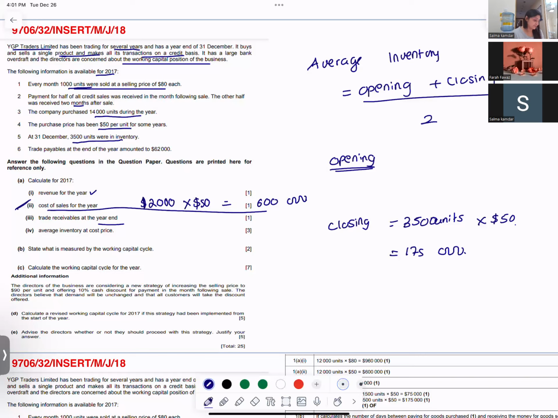Opening inventory would be 1,500 because 12,000 units is the total cost of sales. Sorry? Come back. So we know the total purchases is 14,000.